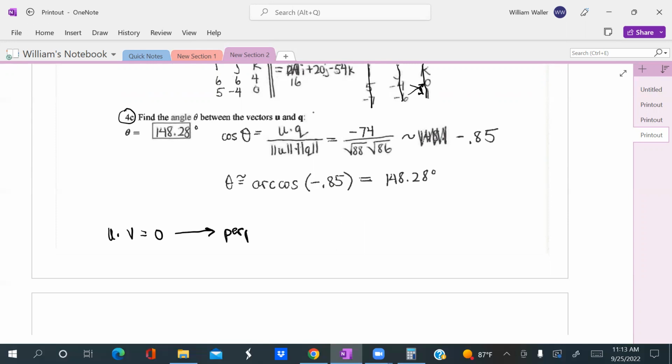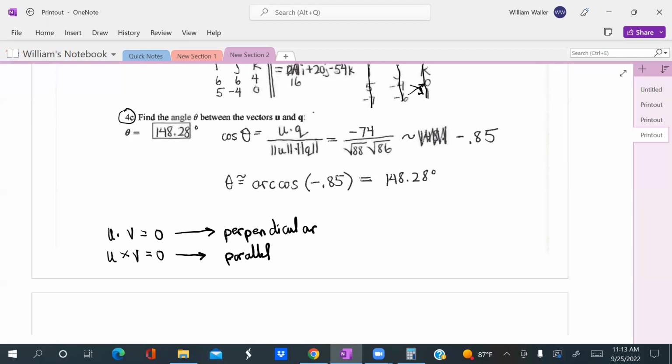So when the dot product is 0, you have perpendicular vectors. But when the cross product is 0, that means you have parallel vectors. So don't forget that little fact.